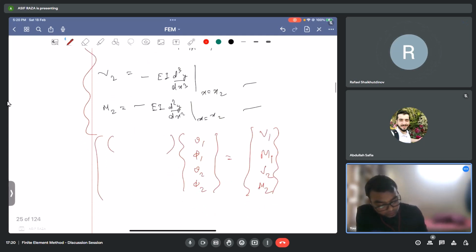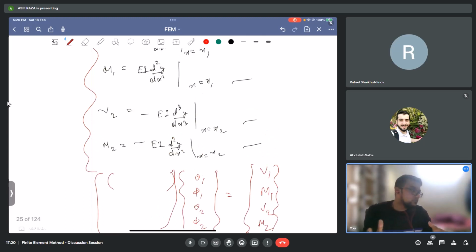So this global stiffness matrix is actually considering this sign convention also.